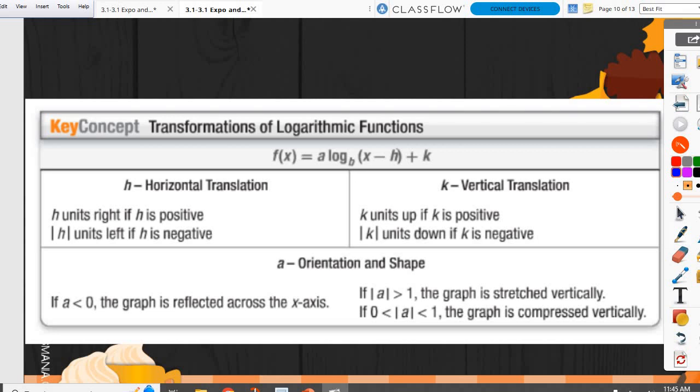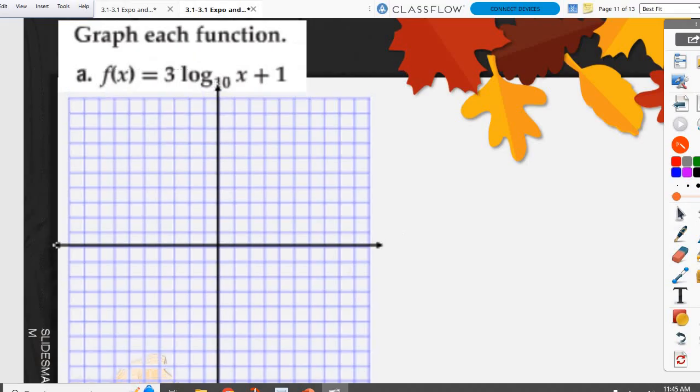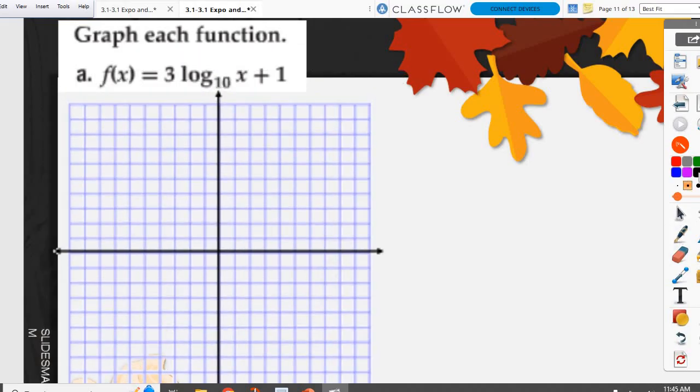So let's look at an example of that, and then we'll be done for the day. So what's my base on this one? You can't see it very well, but it's a 10. Okay. Did I have to write that 10 there? No, remember from yesterday that technically if I just had log of x plus 1, that's the same thing, because 10 is our common base. But here, they wrote it down for us.